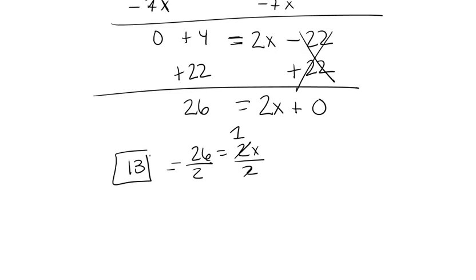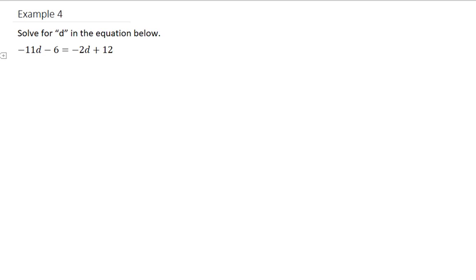Let's do another example. Example 4, solve for d in the equation below. So we have negative 11d minus 6 equals negative 2d plus 12. So like in the example before, we'll have to do a little bit more steps on this one.